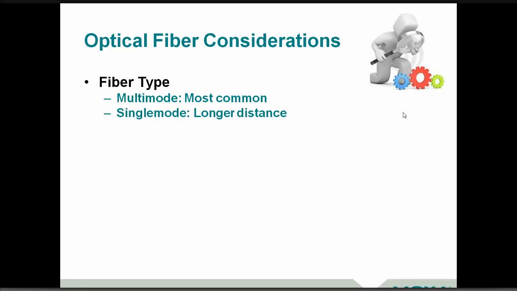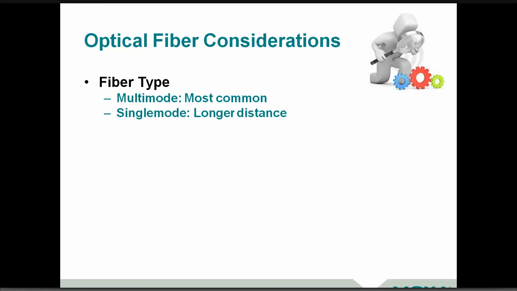Okay. A couple of considerations. One of the things I didn't talk about that may be new to a few of you is multi-mode versus single mode. Basically, this talks about two key things: the construction of the fiber and the electronics at both ends. In short, multi-mode is the most common and can be used up to a couple of miles for most applications.